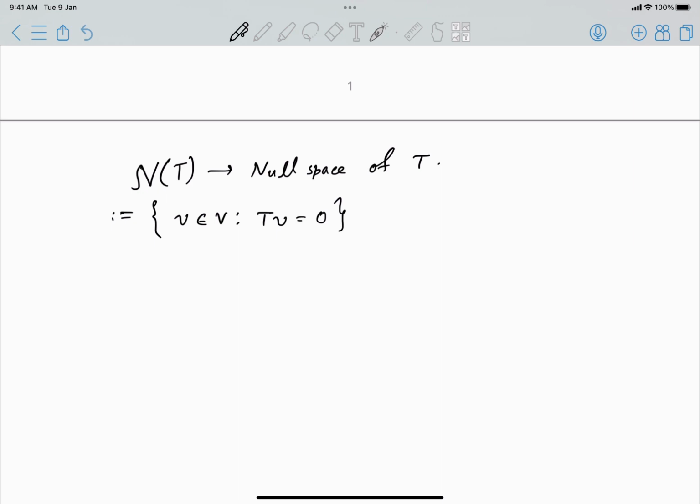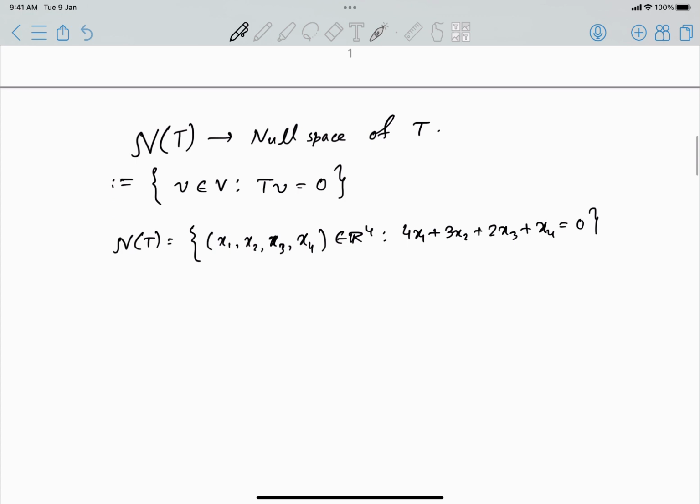So here it is given that the null space of T is the subset of R4 such that 4x1 plus 3x2 plus 2x3 plus x4 equals 0.